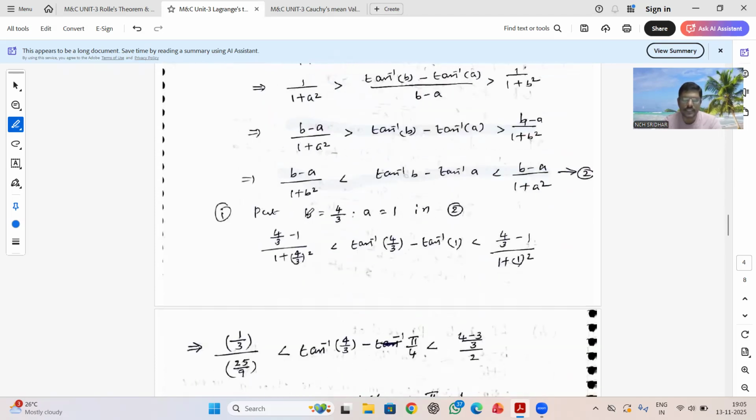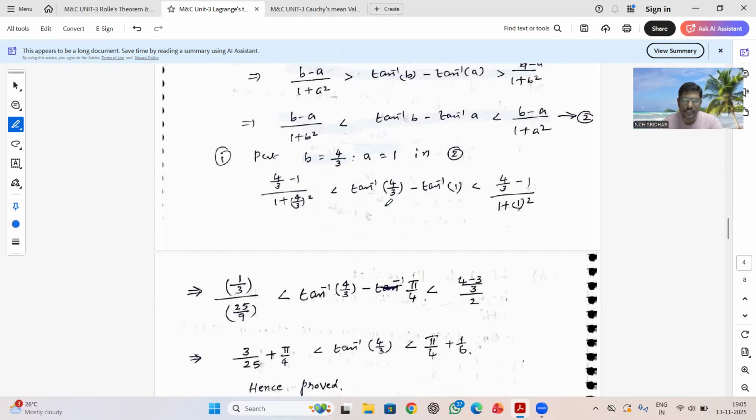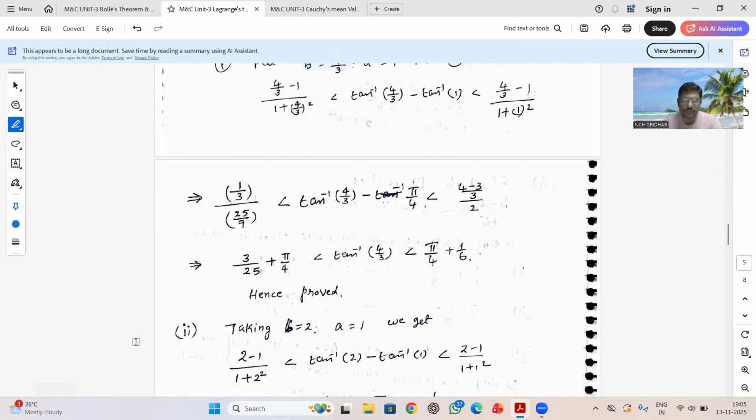So in the place of b we are substituting 4 by 3 in the above inequality and in the place of a we are substituting 1 in the above inequality. After calculating this inequality carefully we will get clearly this one. Hence deduction, right? In the second one we need to substitute b is equal to 2 and a is equal to 1. Clear, all of you?